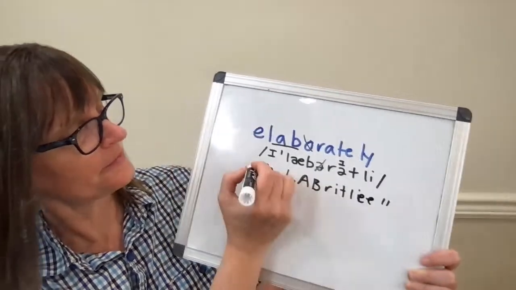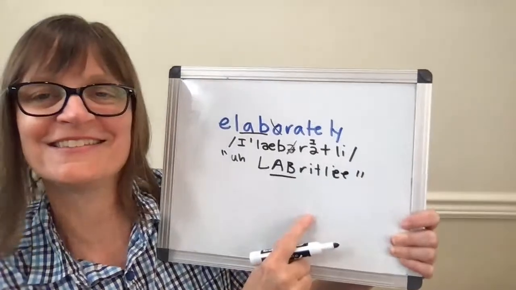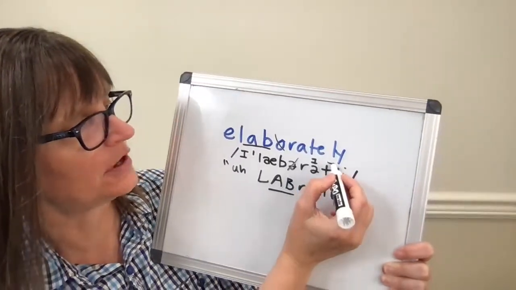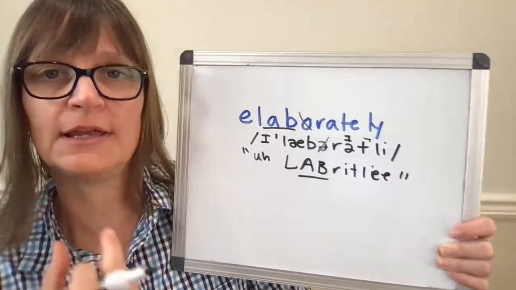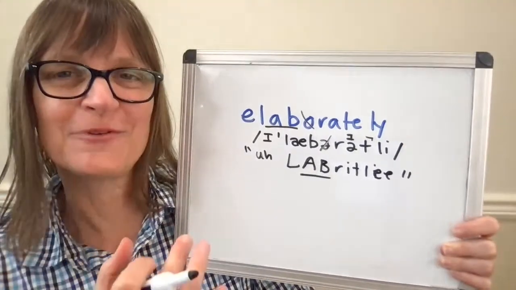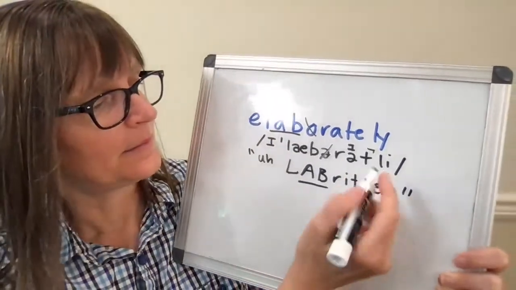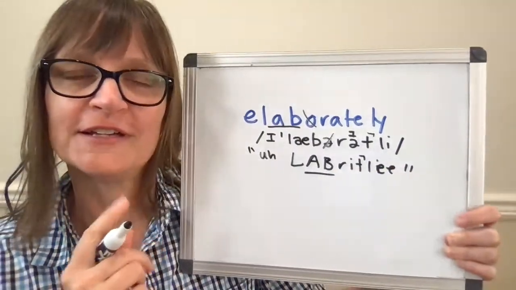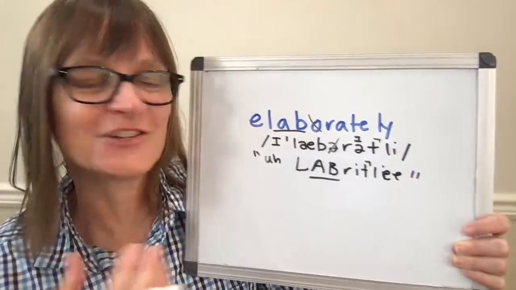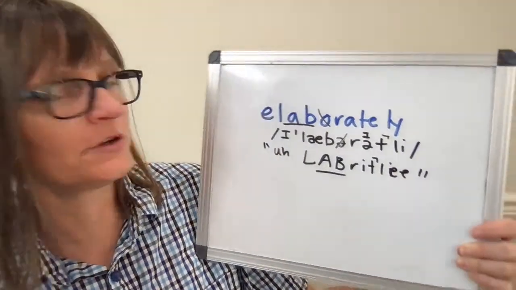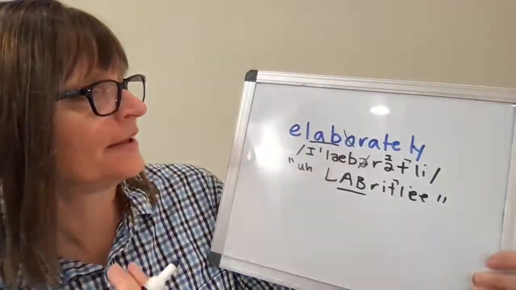And then what you'll see is that we also use what's called a stopped T here. Elaborately, I make the T sound, but then I release right into the L. So rather than elaborately, I don't let any air out for that T, and I just move right into the L. So elaborate, elaborately.